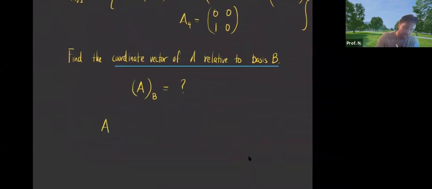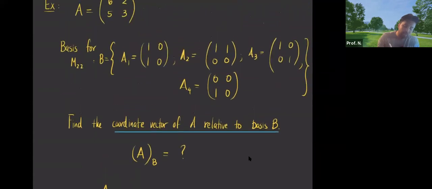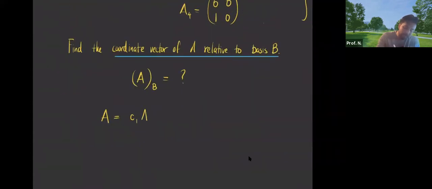I want to know what coefficients cause A to be in the span of the basis matrix elements. So A equals C1 A1 plus C2 A2 plus C3 A3 plus C4 A4, right? Same setup as the polynomial example and same setup as the normal vector example.